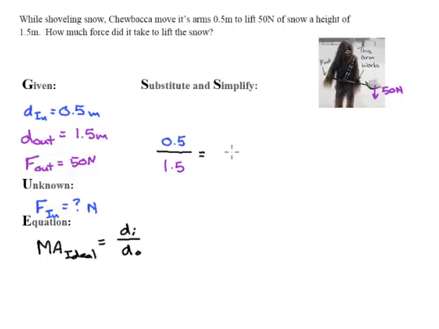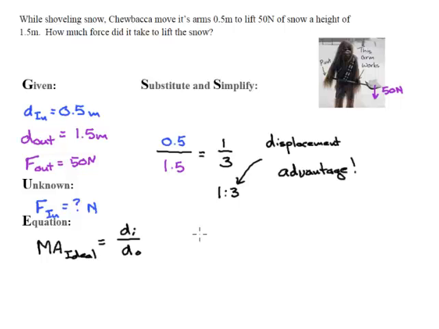And now this is a little interesting because I get a 1 to 3 ratio. This is interesting because this is a displacement advantage. Chewbacca doesn't need to move his hands very much, but the shovel moves a lot.